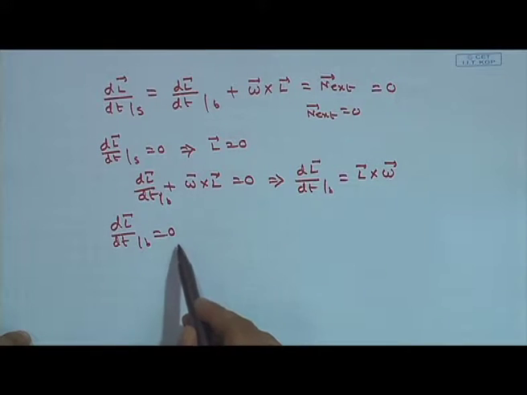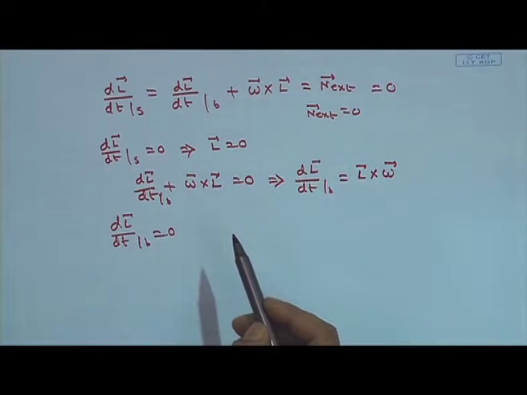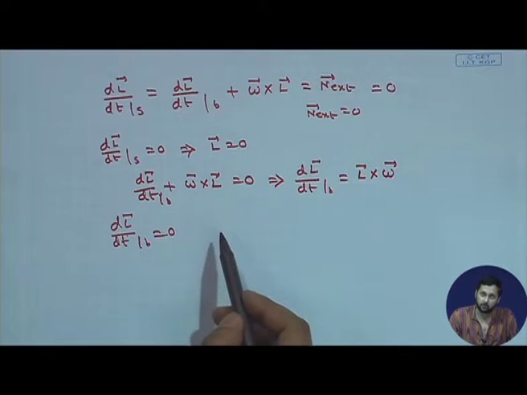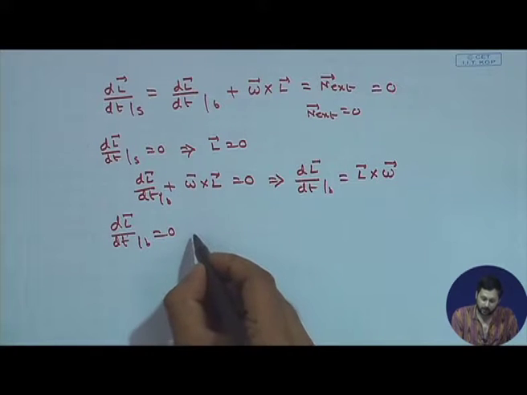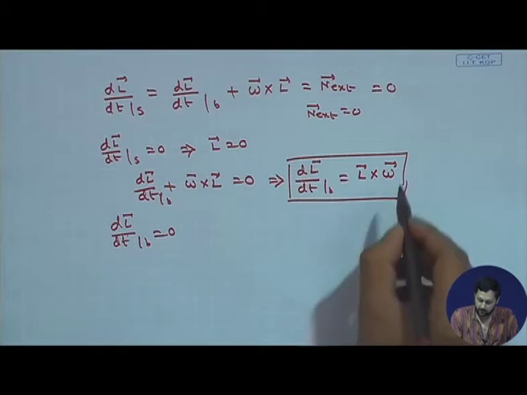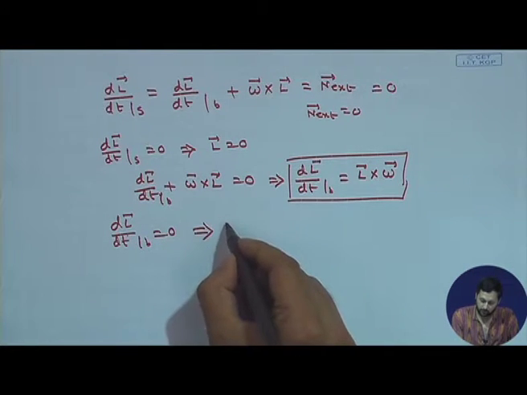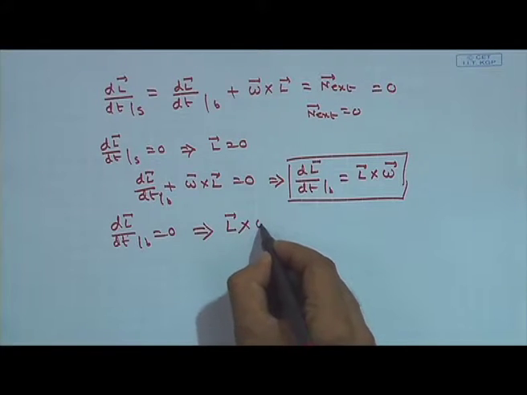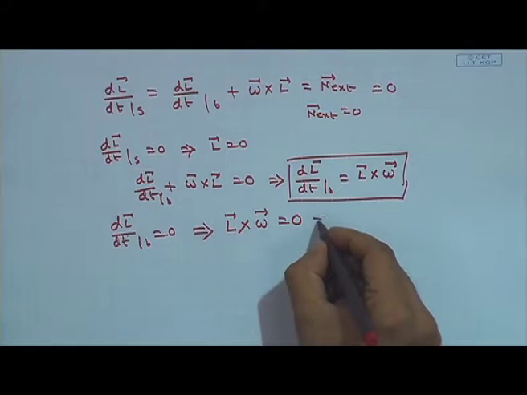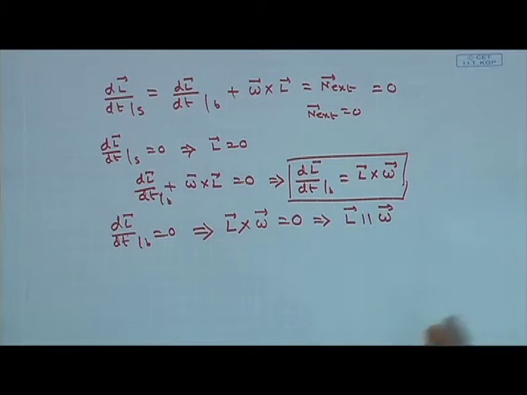When we are discussing the motion with respect to the body set of axes, we set (dL/dt) body equal to 0. Now, if we do that, we see from this equation that (dL/dt) body equal to 0 implies L cross omega is also equal to 0, and this implies L parallel to omega.